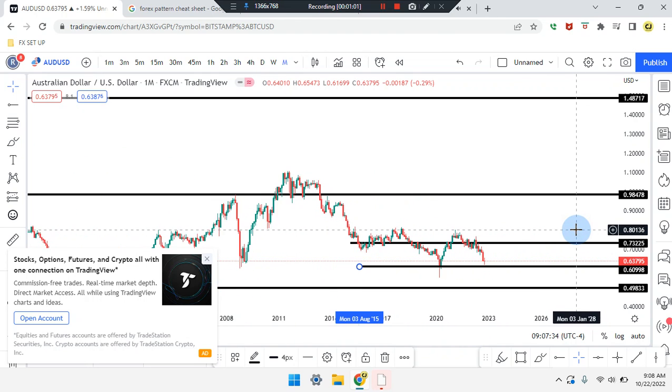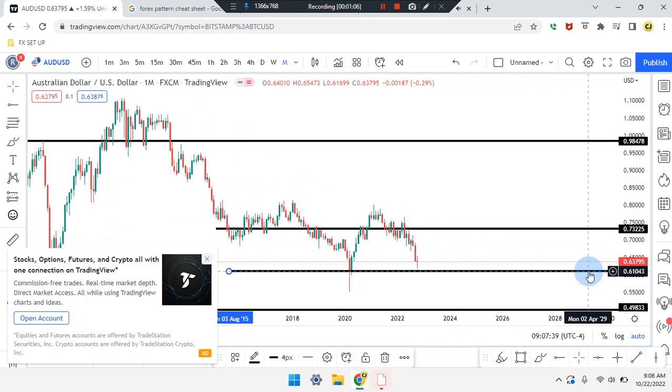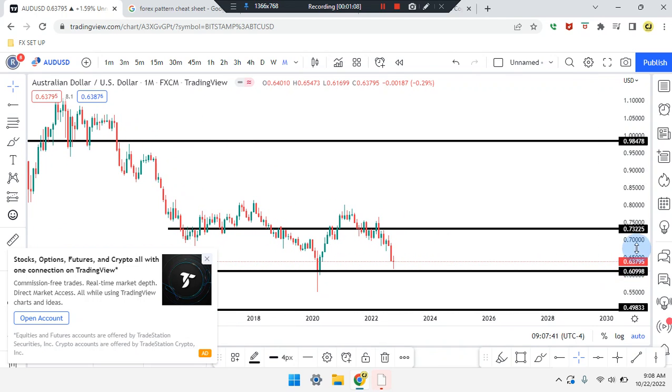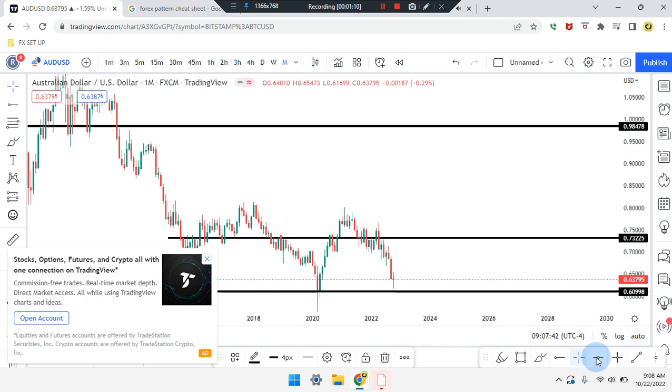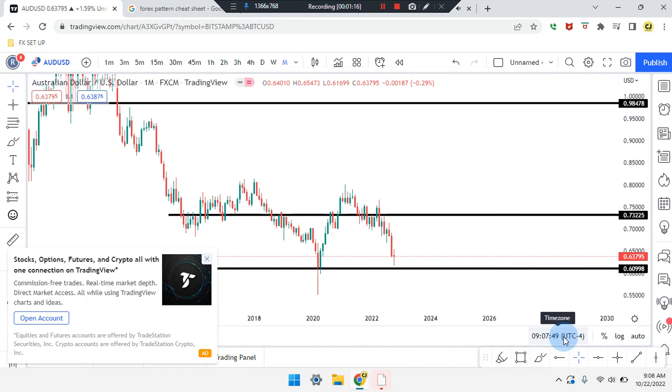So let's zoom in on the price to see what's going on. Current price is sitting at 0.63795.